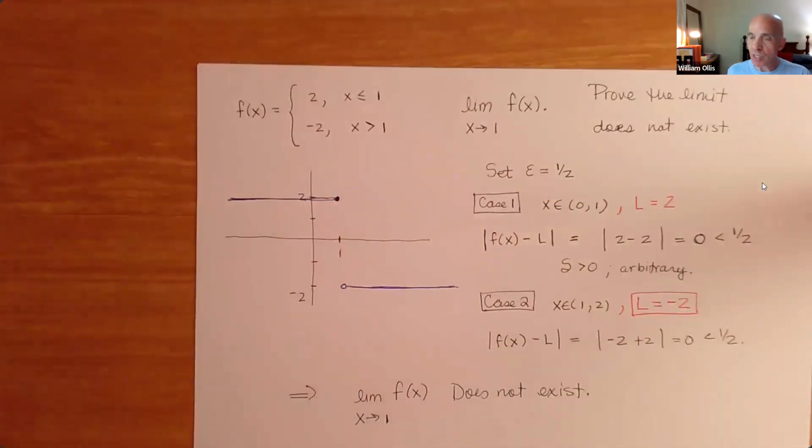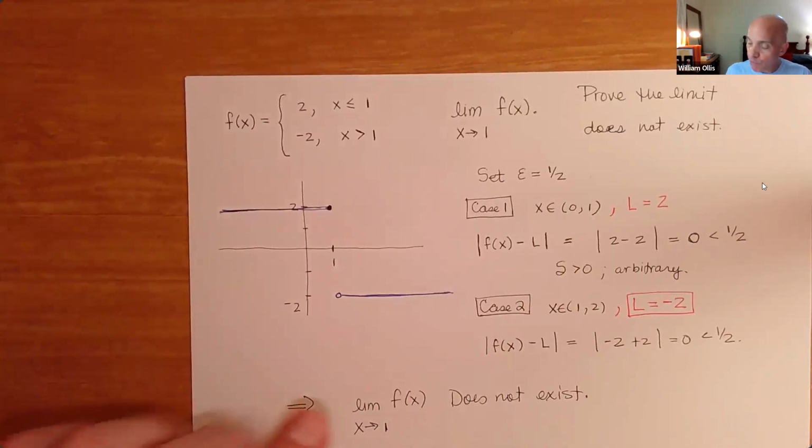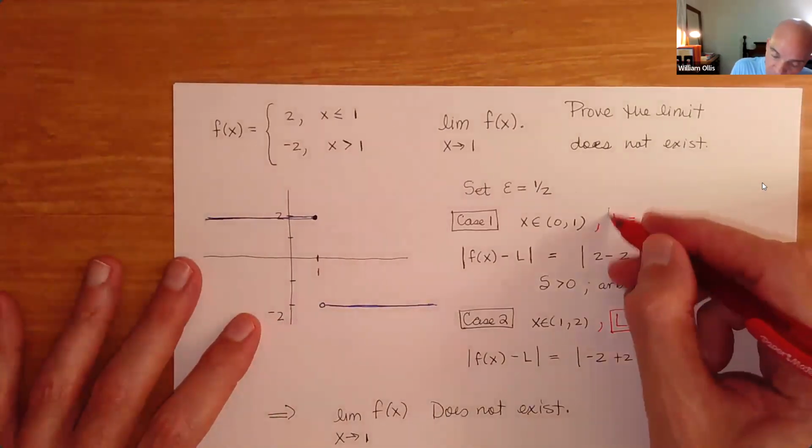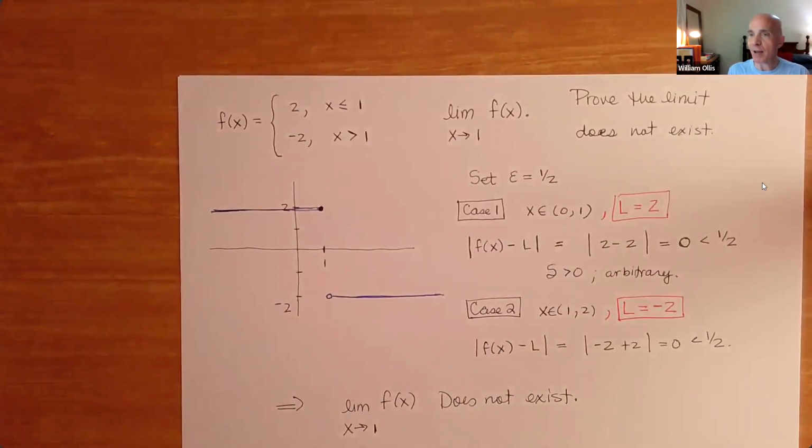So when we're just looking at the cases and we think about what the function looks like, we're forced to have a different limit as we approach from either side. So as I said before, the left limit would exist, the right limit would exist, but they're not equal.